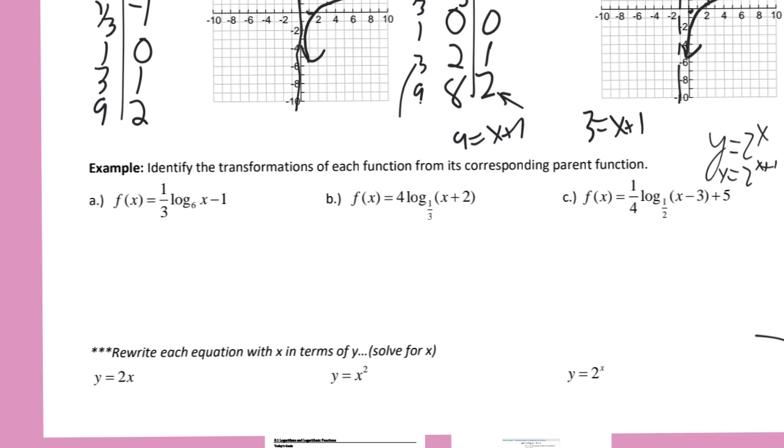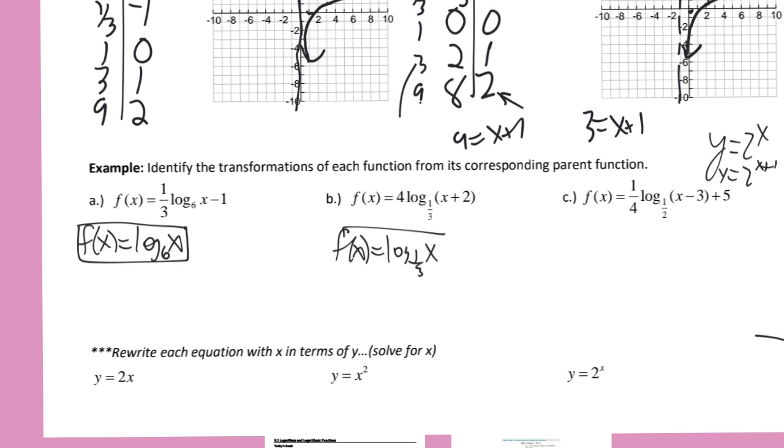The bases stay the same. So same with logarithmic functions. The parent of this one would be log with the same base of just plain x. And the second one would be f of x is equal to log base 1/3 of just plain x. So the parent-child relationship, the commonality is going to be the base, just like it is with exponential functions.